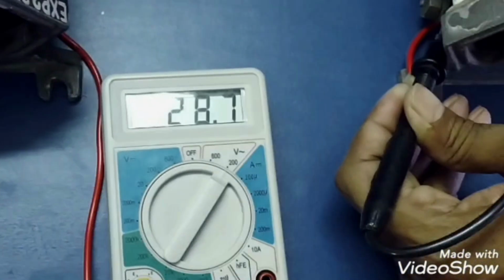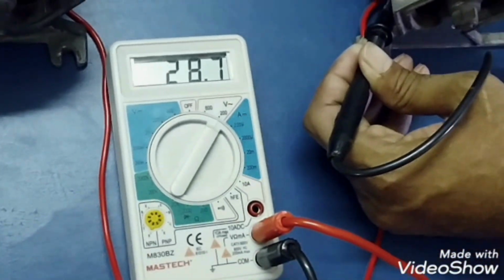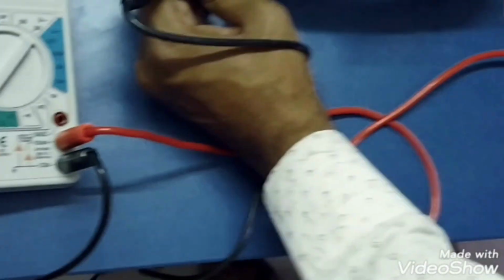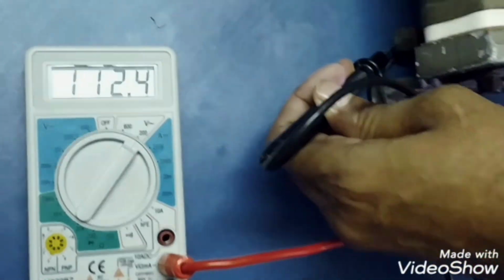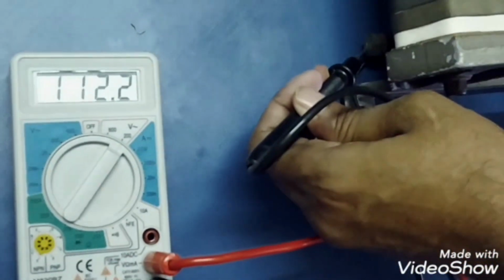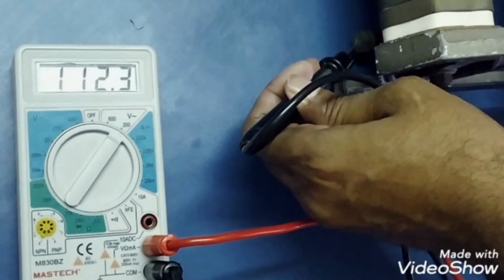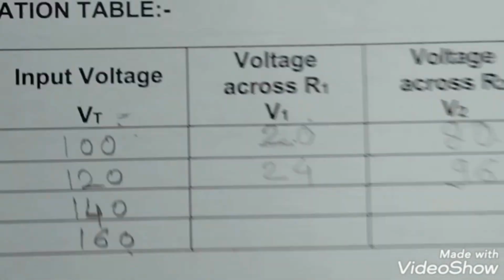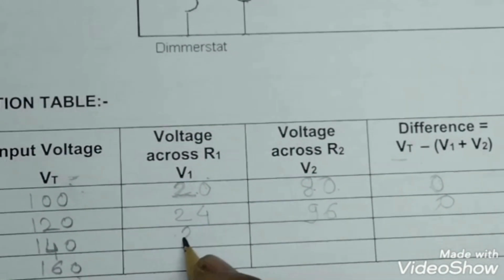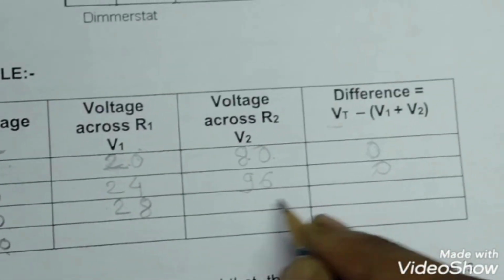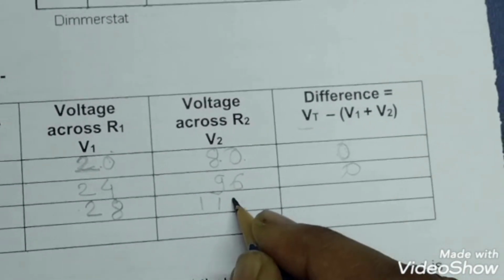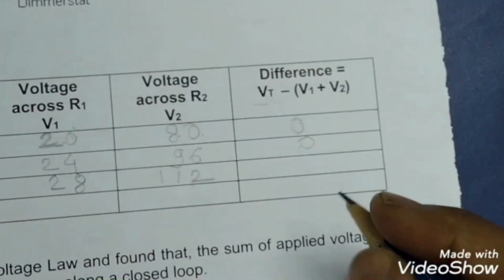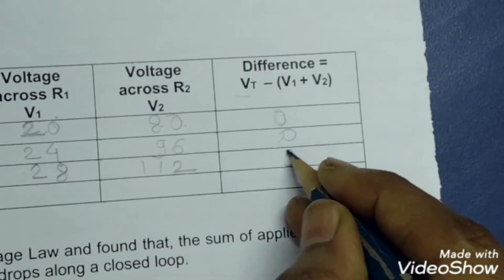We will take 28. Here you have 112. So 28, here 112. Difference is 0.